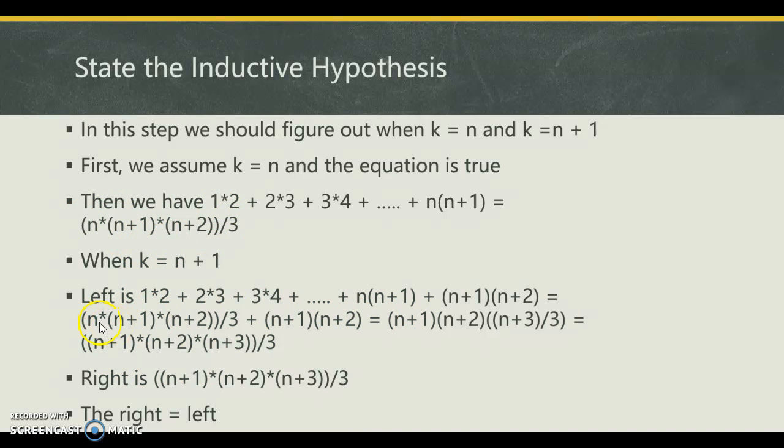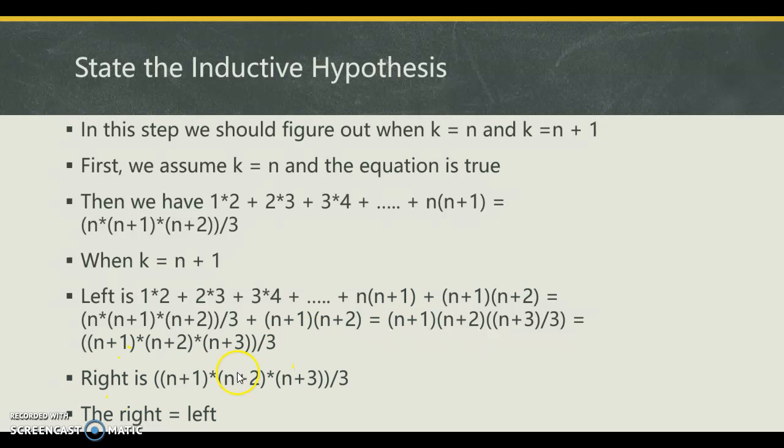So we have n multiplied by n plus 1 multiplied by n plus 2, divided by 3, plus n plus 1 multiplied by n plus 2, and we simplify the equation to this one. Then we have the final equation: n plus 1 plus n plus 2 multiplied by n plus 3, divided by 3.